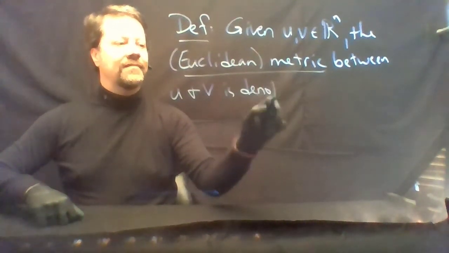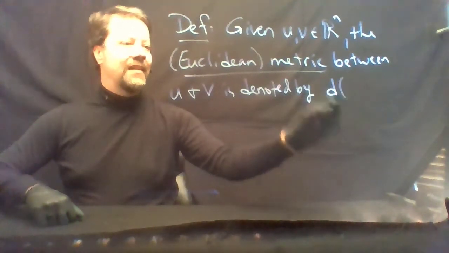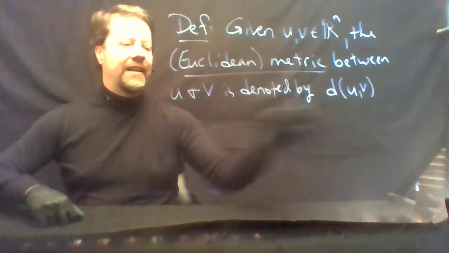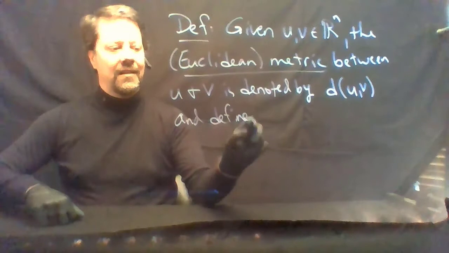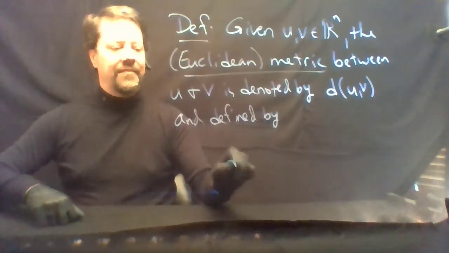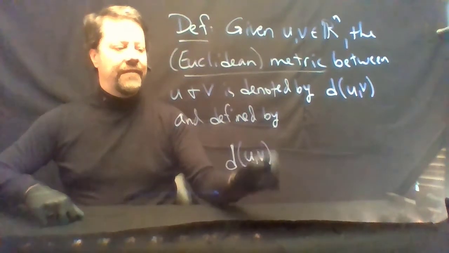First of all, it's denoted by d of u comma v, and defined by, this is to give the distance between the tips of the vectors u and v.